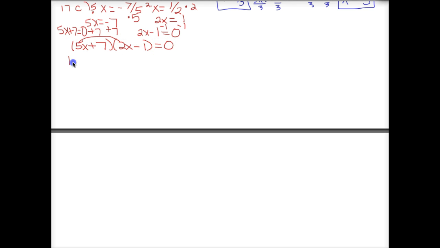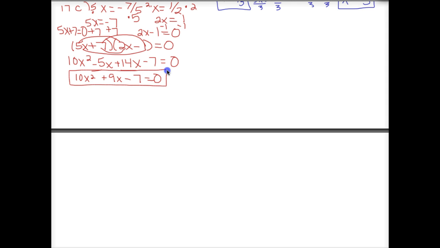So firsts give me 10x squared. Outsides, negative 5x. Insides, positive 14x. And lasts, negative 7. So combine the like terms in the middle, and that gives me 10x squared plus 9x minus 7 equals 0, which is my answer. I have now written a standard form quadratic when I was given the two solutions.